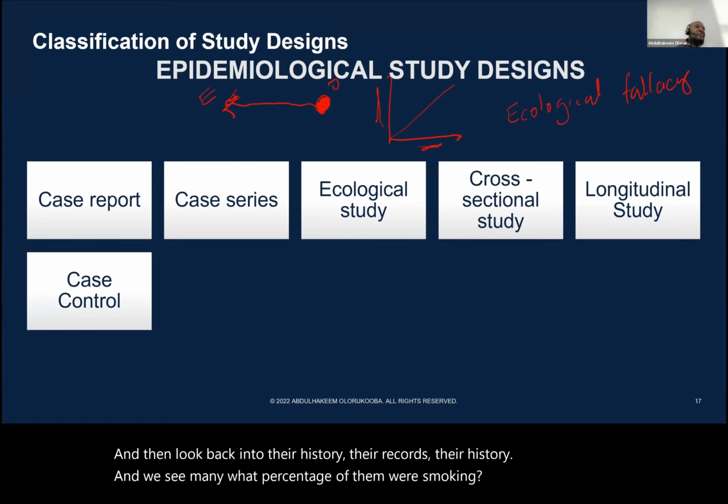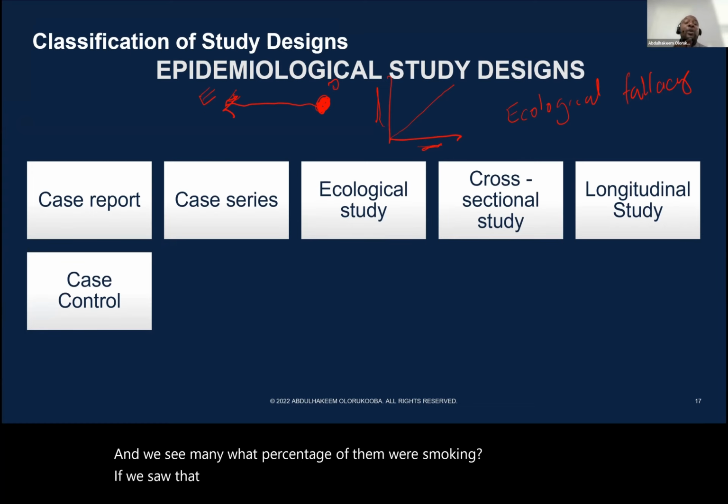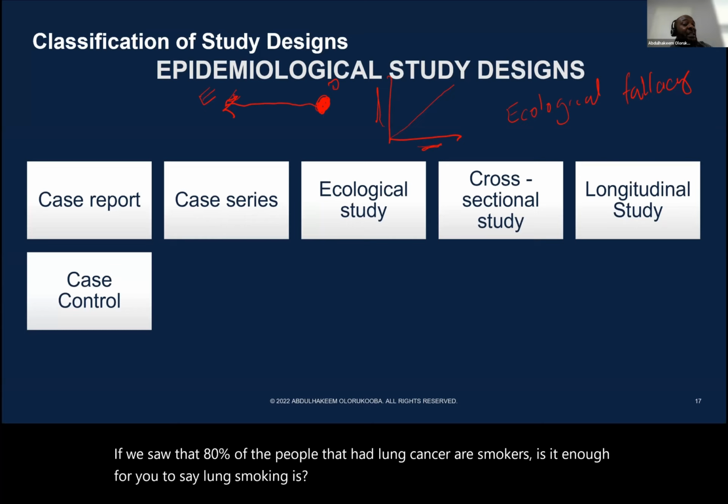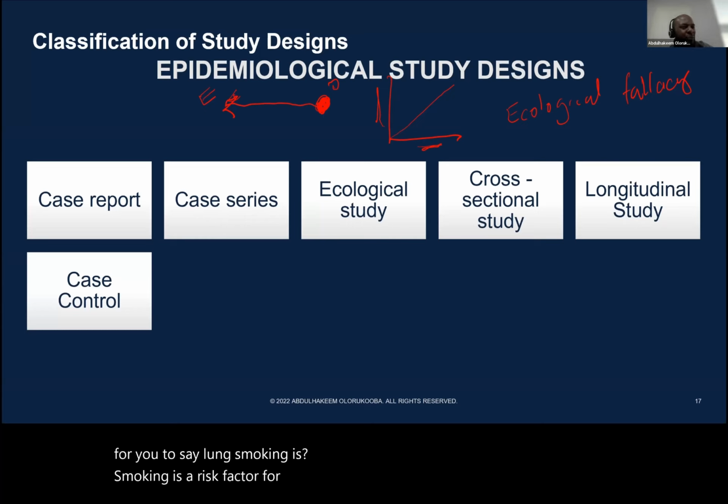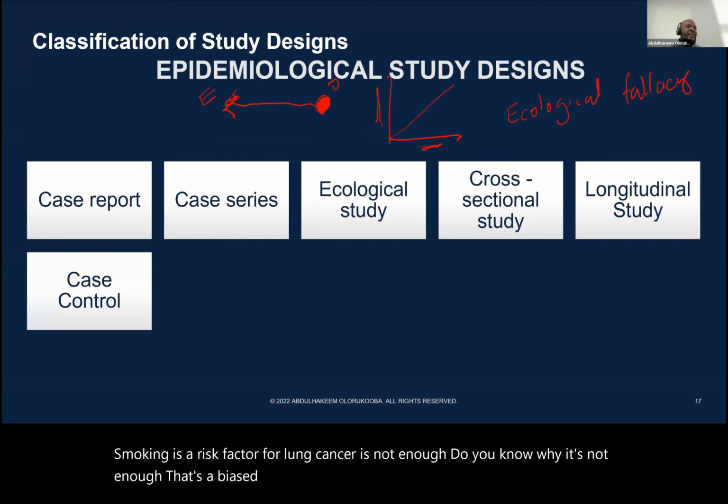If we saw that 80% of the people that had lung cancer are smokers, is it enough for you to say smoking is a risk factor for lung cancer? It's not enough. Do you know why it's not enough? That's a biased way, because there are some people that have lung cancer and have never smoked. So how did they get their own lung cancer?